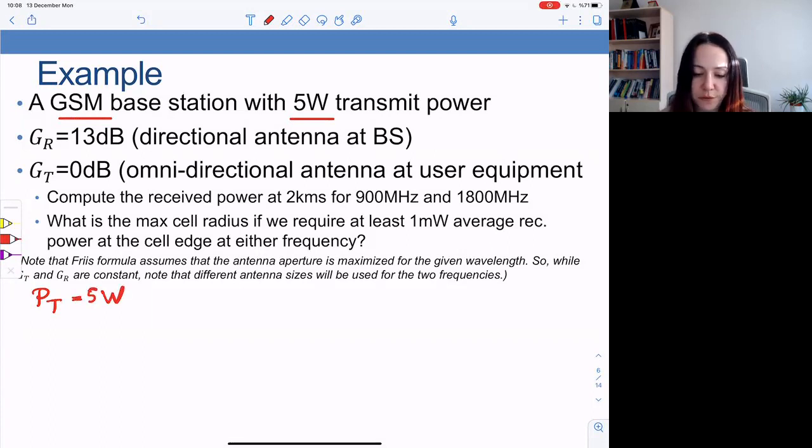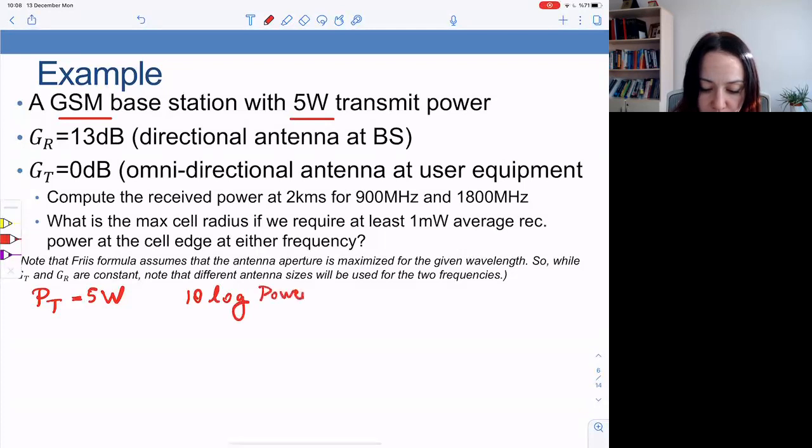So I'm going to define to you something called a dBm. Some of you may have heard about it. So power in dBm is 10 log power divided by 1 milliwatt.